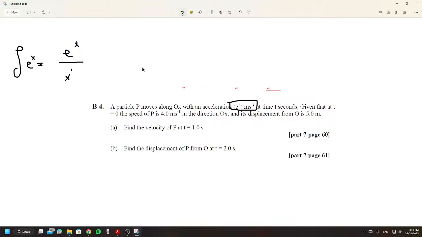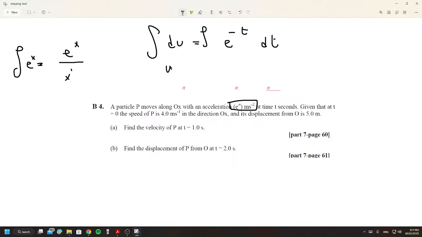So, dv equals e to the power negative t dt. Integrate.